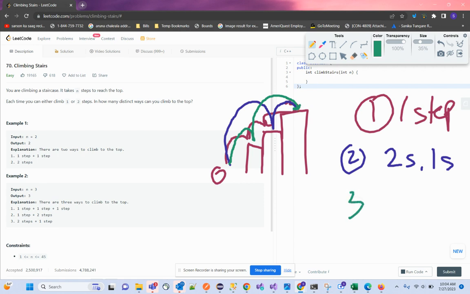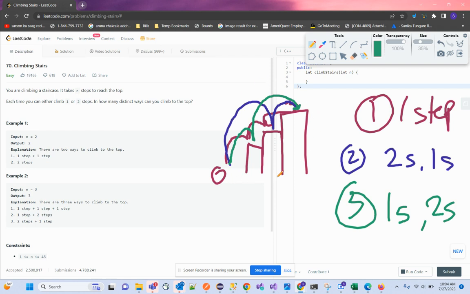That is the third way. These are the three ways to climb the steps, taking one step or two steps. This is how you can analyze the question.